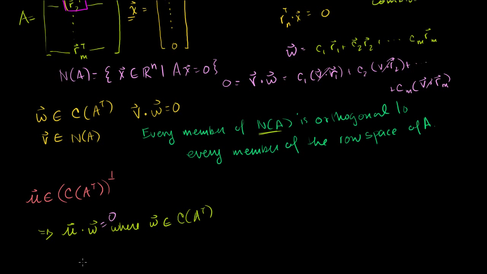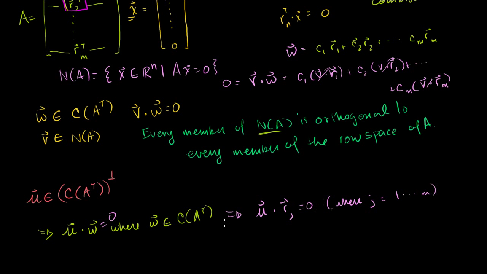That is going to be equal to 0. And what does that mean? That means that u is also orthogonal. So this implies that u dot rj, any of the row vectors, is also equal to 0, where j is equal to 1 all the way through m.